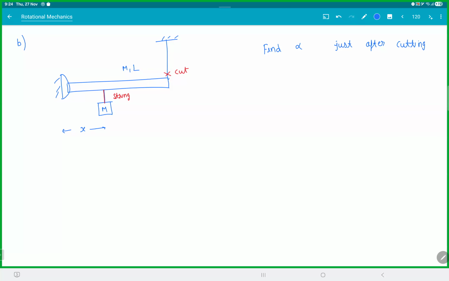Step 1, choose a system, draw the FBD. You understood now, yeah. So there are certain points which are going faster and certain points which are going slower. Strings can't push, but if that had been a rod, it wouldn't have mattered.